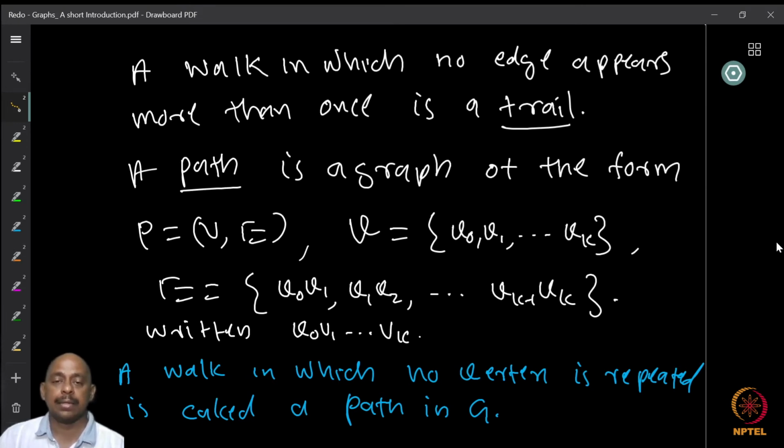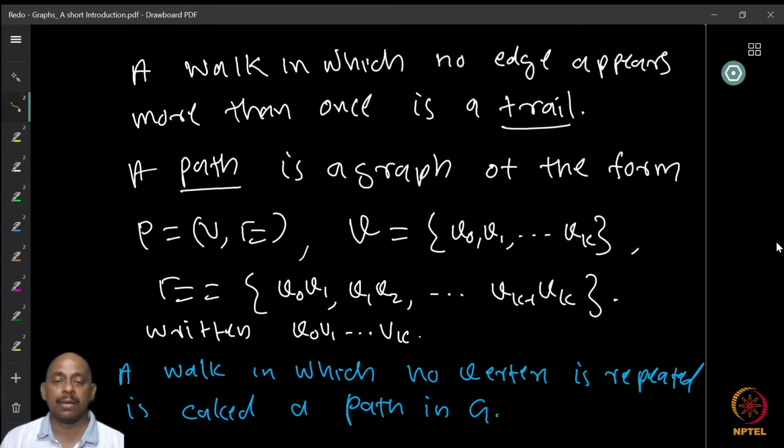Now on the other hand, if I am talking about a graph and looking at a subgraph which is isomorphic to a path, then that graph can have other edges, but the path that we are looking at is just a subgraph of the graph.